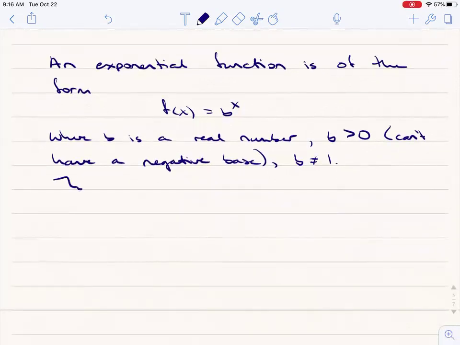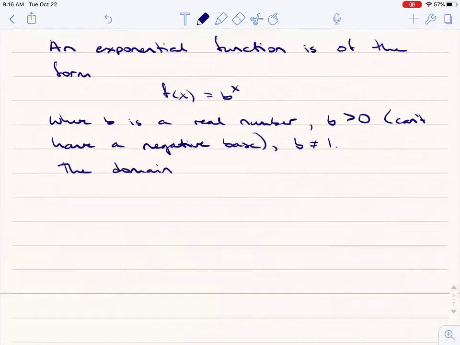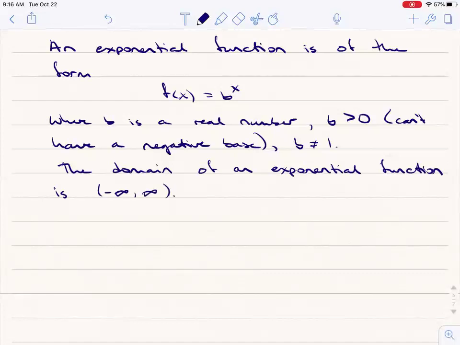The domain of an exponential function is from negative infinity to positive infinity.